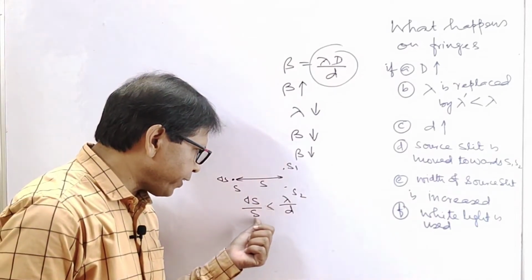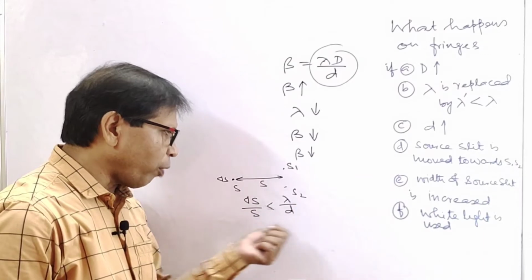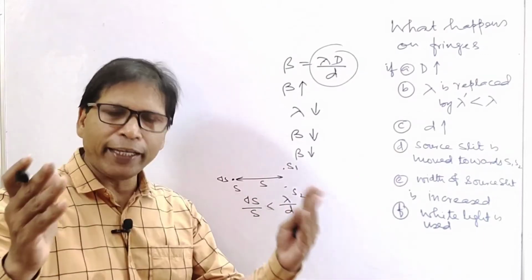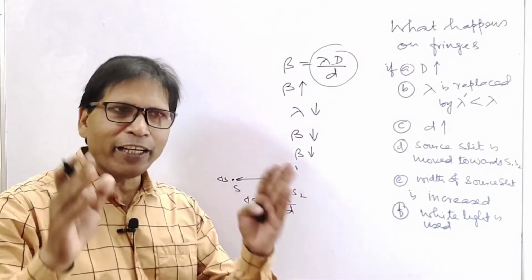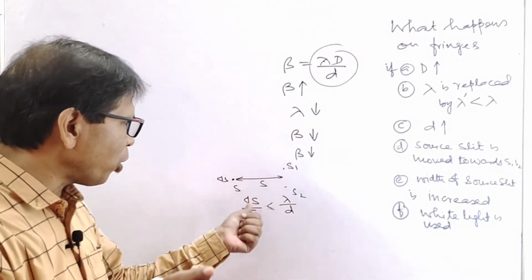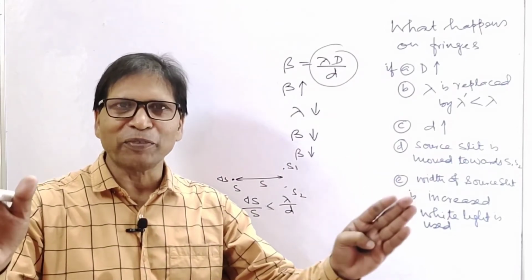If S decreases in such a way that this condition is obeyed, then the interference pattern is observed. If this is not obeyed, interference from different parts of the source overlap each other and no fringes are formed.